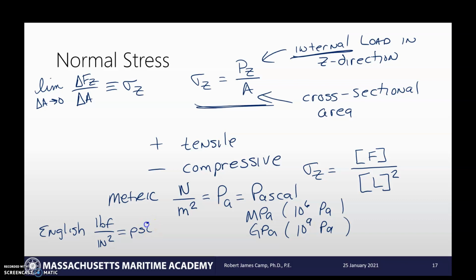The one that you will see a lot in the English system is what's called the ksi. A ksi is 1,000 psi. So anytime you see a ksi, that's just 1,000 pounds per square inch. Typically material properties in books will be listed in ksi.